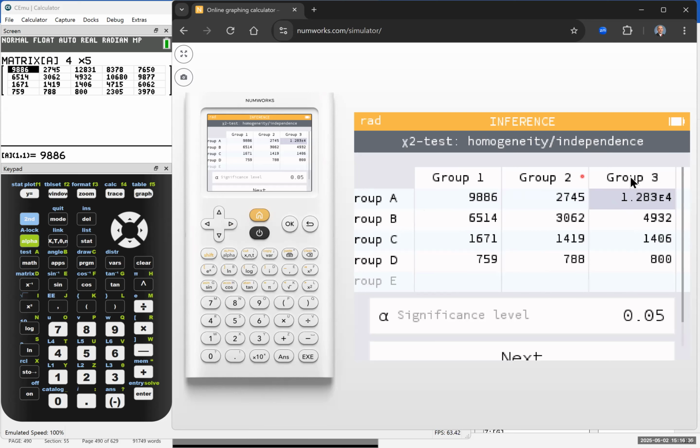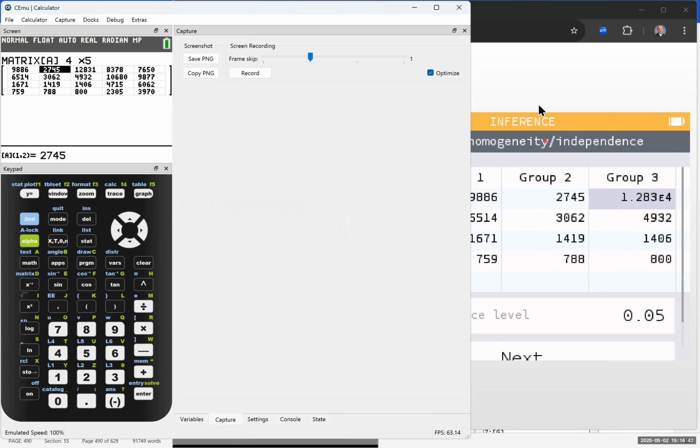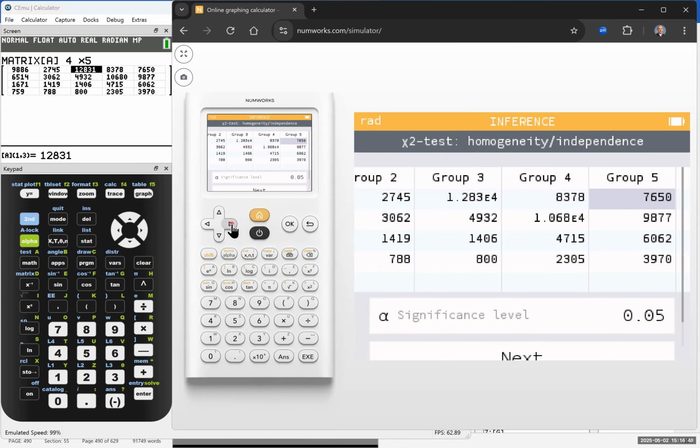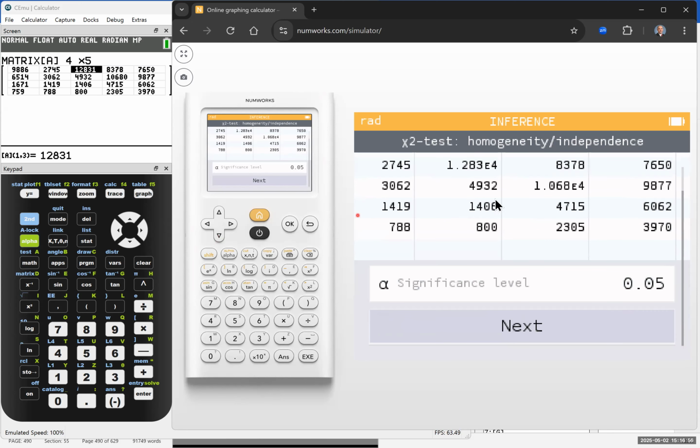It just has groups. So I've got 4 rows and I've got 5 columns, and I just went through and added in all the numbers and the significance level. So there isn't really anything special to do on the NumWorks calculator, except just go to the correct test and put in your significance level.